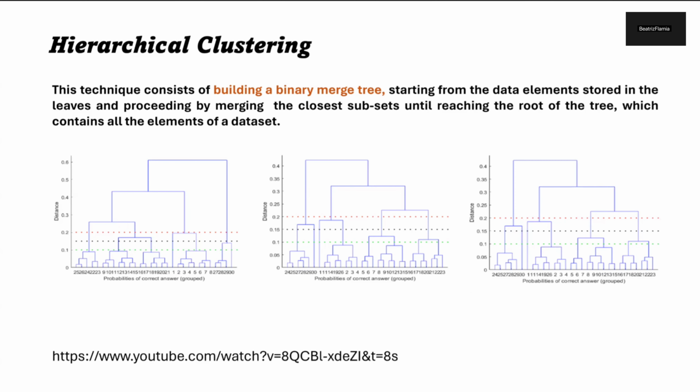It means that the data inside each cluster is not so equal. For example, if the line is here, normally all the elements have characteristics very close to each other. And here we have more difference between the data inside each cluster.